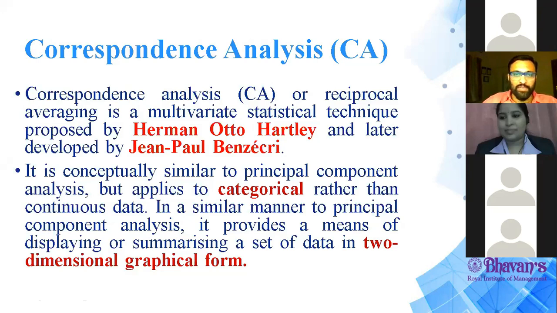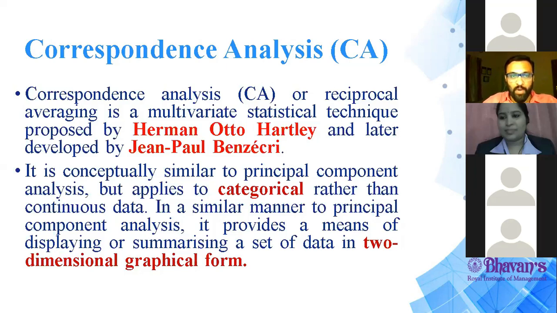Correspondence analysis is also in the same family, also a dimension reduction tool, which in short we call CA. So FA and CA, factor analysis you all may know, because for those who have completed your PhD, there is no PhD without factor analysis. So correspondence analysis is also from the same family.